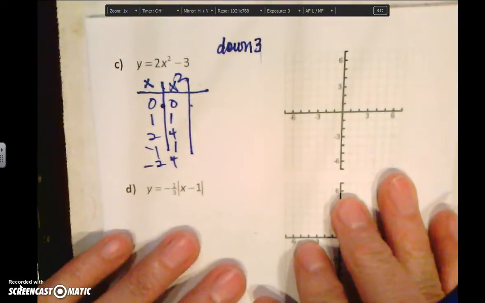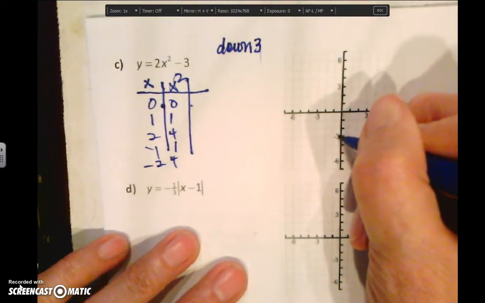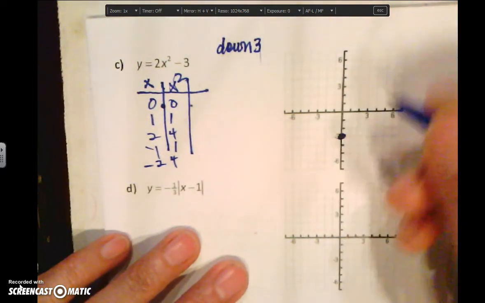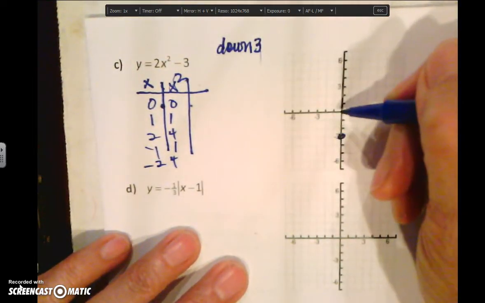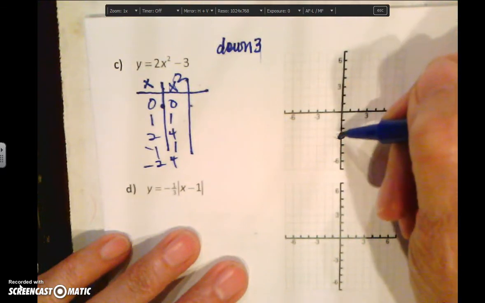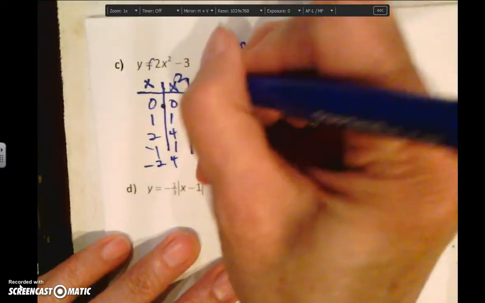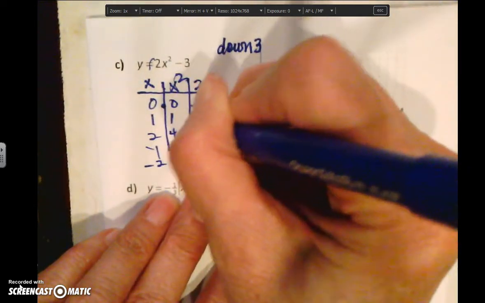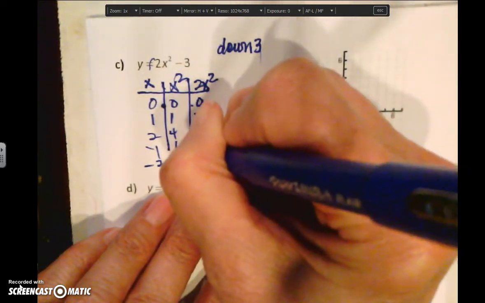So we're going to move it down 3 to start. So that's going to be my new starting place. So I'm going to put a dot there. I'm going to start at 0, 0, which is where it typically starts, and move down 3. And then I'm going to do 2 times the x squared and get 0, 2 times 1 is 2, 8, 2, 8.